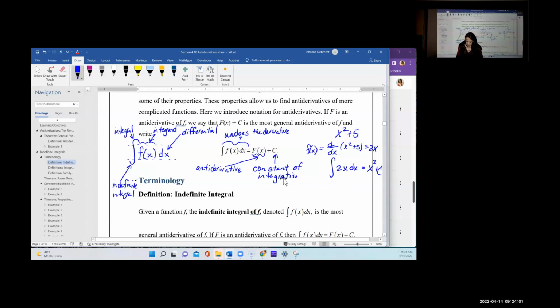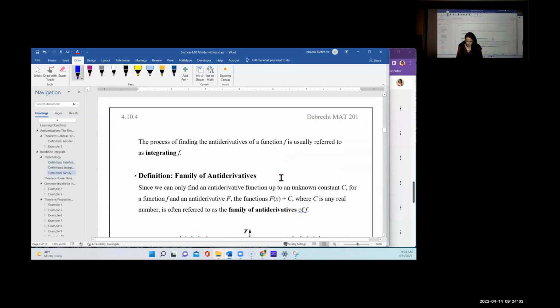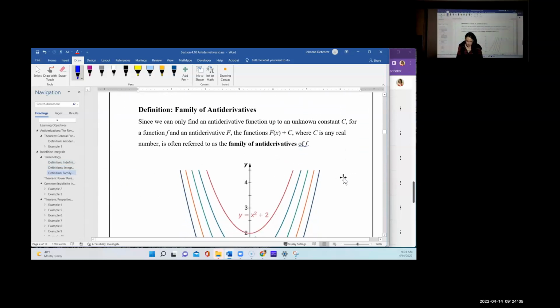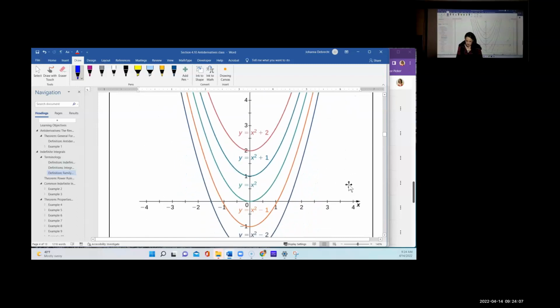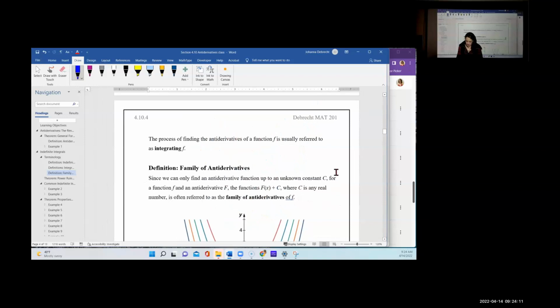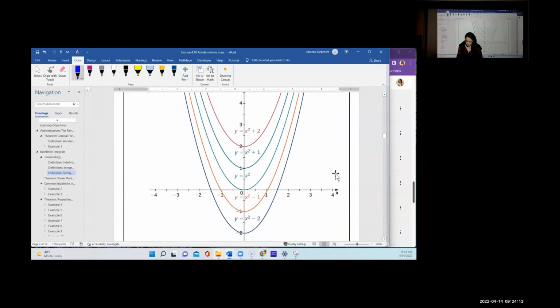Okay, let's now move on to looking at the picture of the family of antiderivatives. So here's a good picture of what the class of antiderivatives would look like. So again, here are a lot of different functions, and basically this relates to college algebra or the algebra you did in high school, what you learned there about shifting graphs up and down.